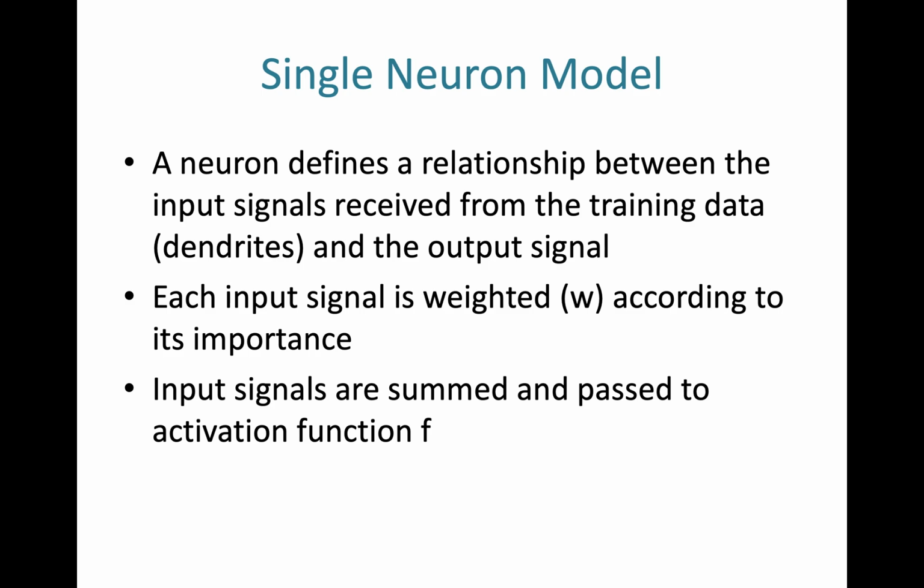The way these neurons have been defined is that the different input signals are basically applied a weight, and those weights that we apply to the input signal allow us to give more or less importance to that signal. Okay, so in a way, the same way that an actual network learns how to process stimuli coming from the dendrites, the artificial neuron also learns how to give different importance to different input information so that we can learn different types of outputs. Okay.